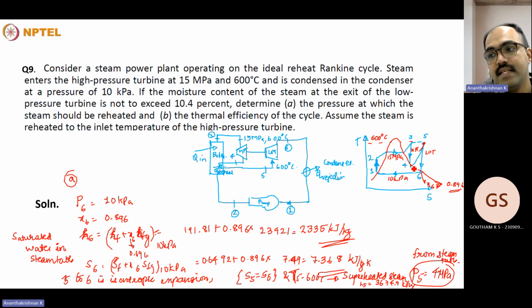If this is at the saturated liquid condition at 4 megapascal, we will get one enthalpy. It must be on the 4 megapascal line. You also calculate the enthalpy from the entropy you obtained at point 3, which will be the same as the entropy of point 4, and the pressure.